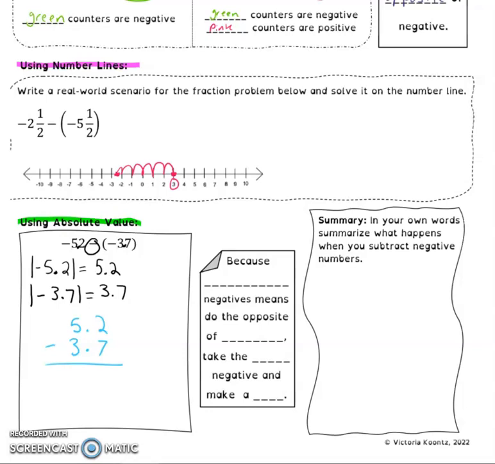You cannot take 7 from 2, so we have to borrow. That 2 becomes 12. 12 minus 7 is 5. And 4 minus 3 is 1. Remember, now we can bring down that decimal.